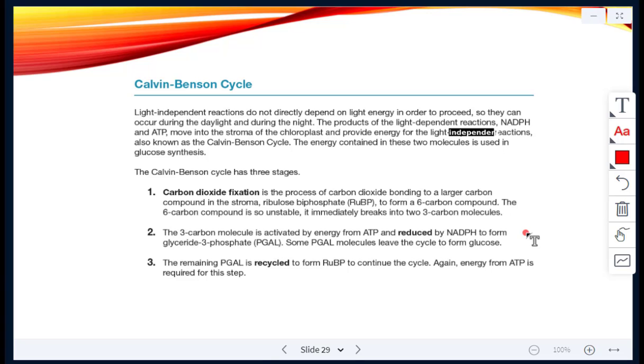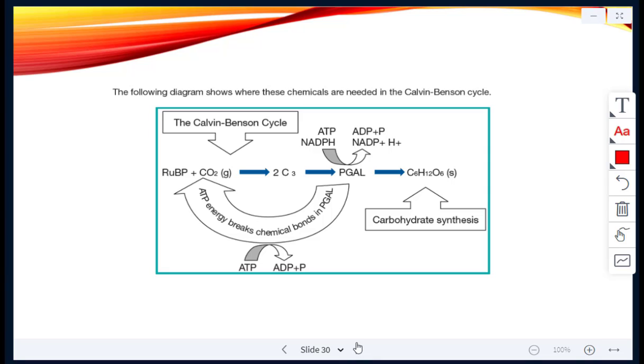Some of those PGAL molecules will then leave to form glucose, and the last step is that the remaining PGAL gets recycled to form more RuBP molecules to continue the cycle. And again, energy is required from ATP for that step. This is just a quick diagram showing the chemicals that are needed in the Calvin-Benson cycle.